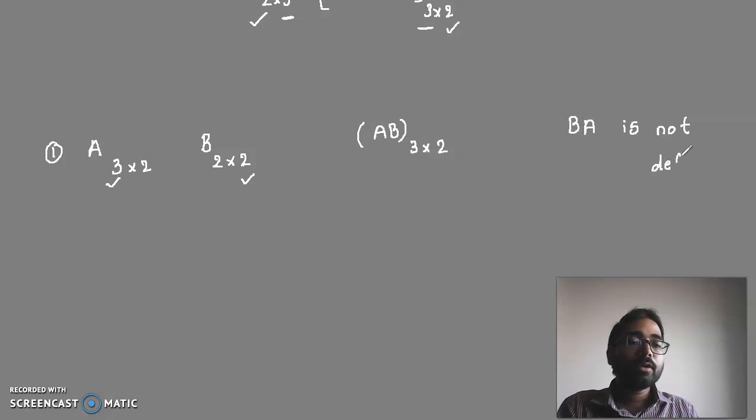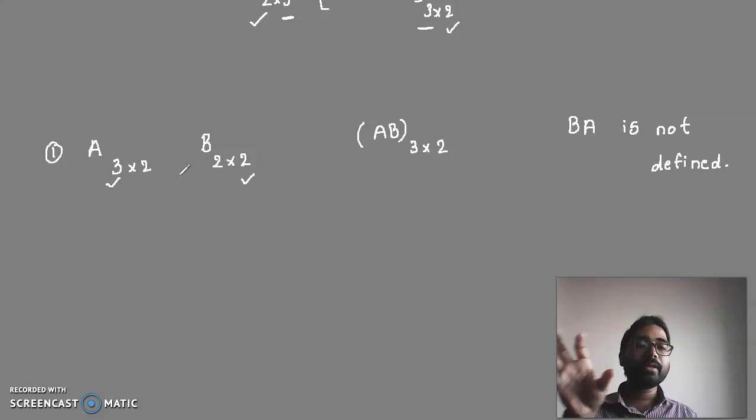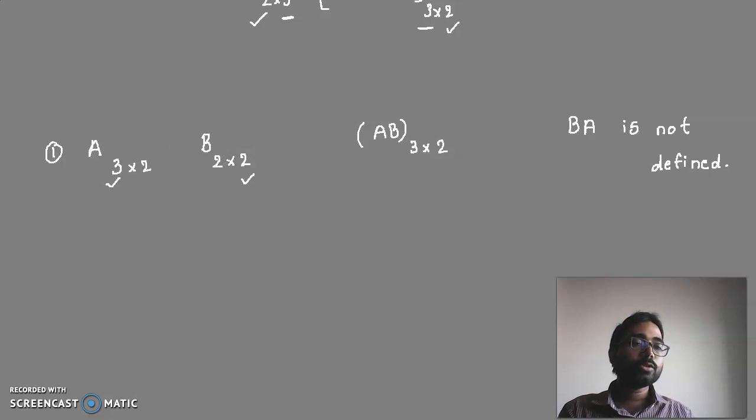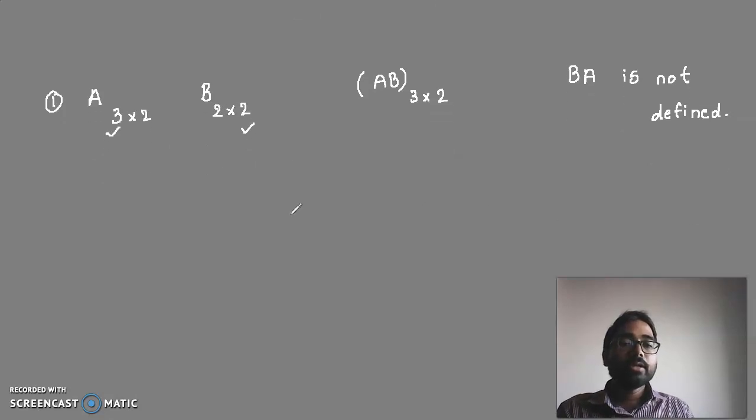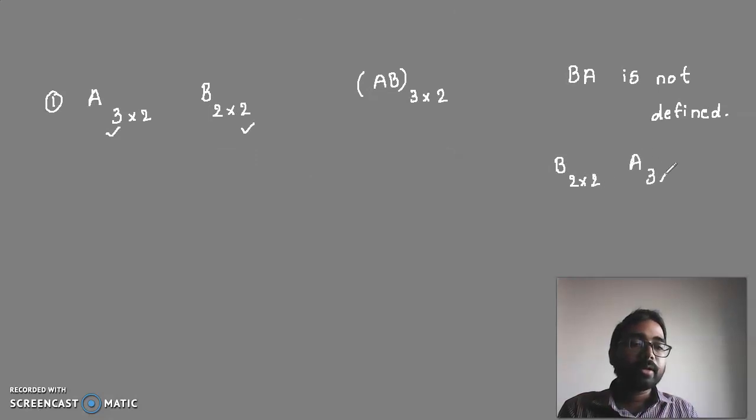because we cannot multiply B and A, taking B as the pre-factor and A as the post-factor. The reason is, if you want to do B into A, B is a 2 by 2 matrix, A is a 3 by 2 matrix. So the number of columns in the pre-factor and the number of rows in the post-factor are not equal, right?